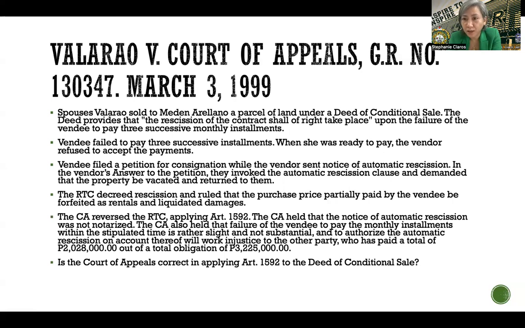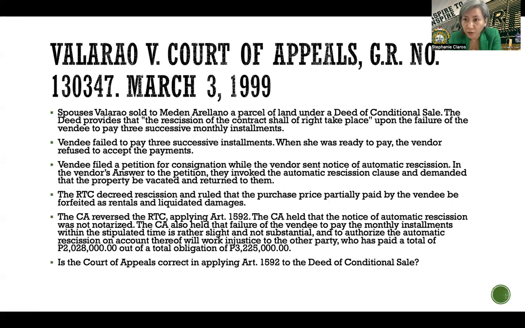The Court of Appeals held that the notice of automatic rescission was not notarized. And also, the court found that the failure of the vendee to pay the monthly installments within the stipulated time is rather slight and not substantial.